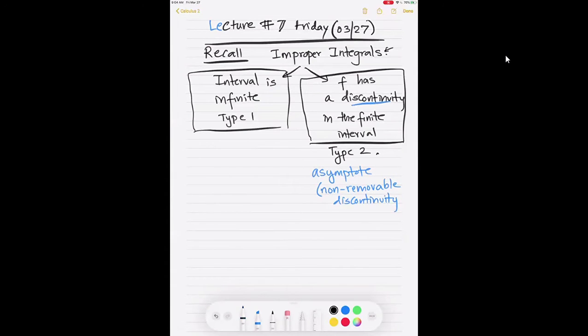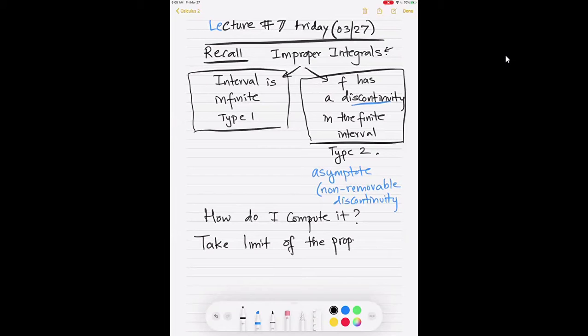The question is, how do I compute this integral? And the answer is take the limit of the proper integral.